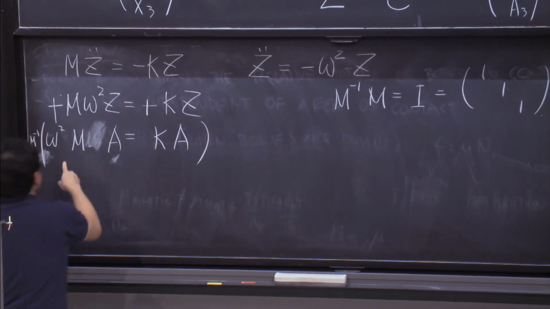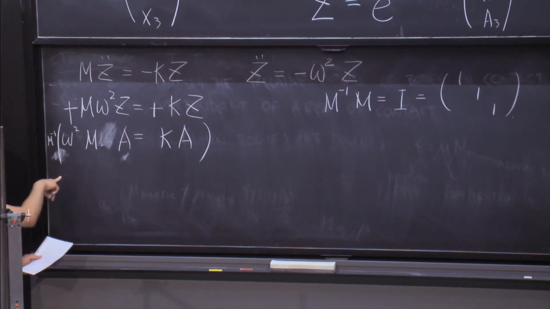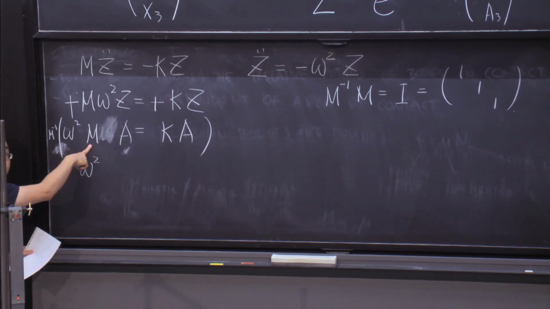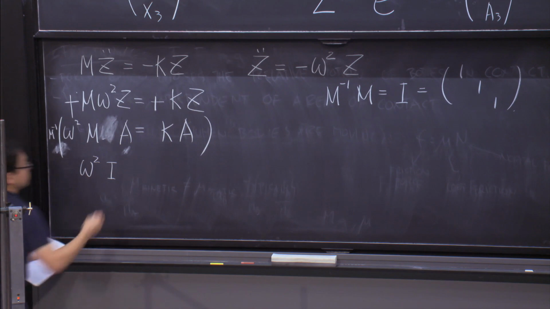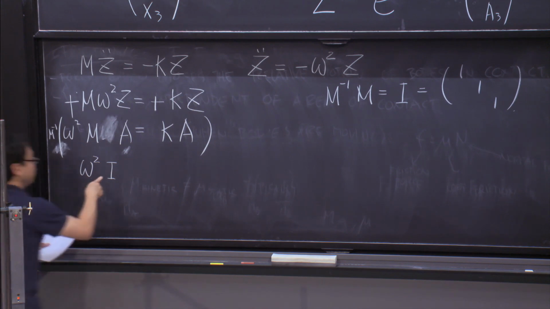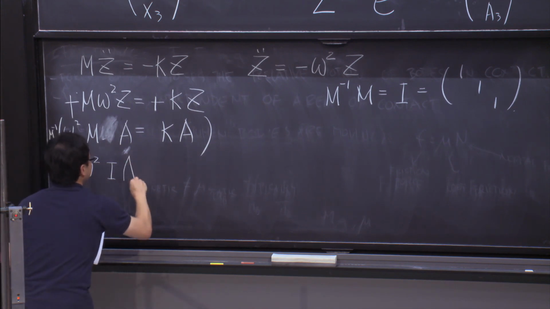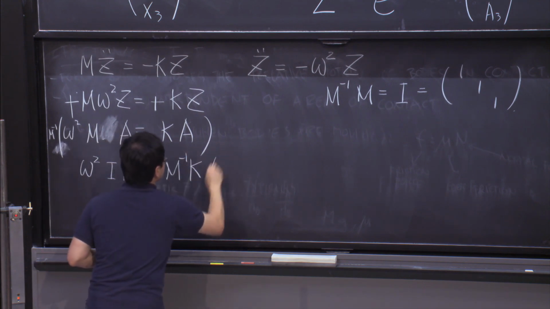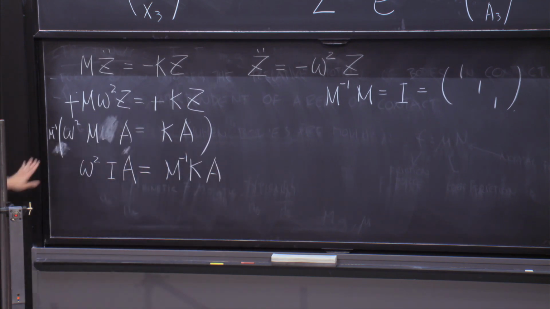Therefore, if I do this, I will get omega squared, M minus 1 times M becomes I, the unit matrix, A, and this is equal to M minus 1 K A. To be careful, I multiply M inverse from the left-hand side. That matters.